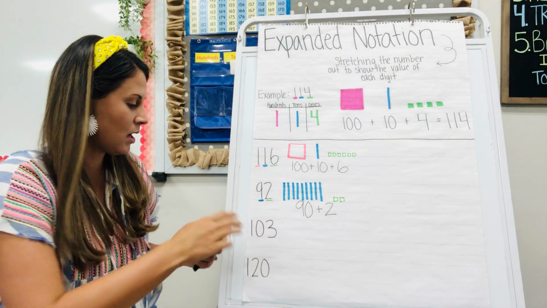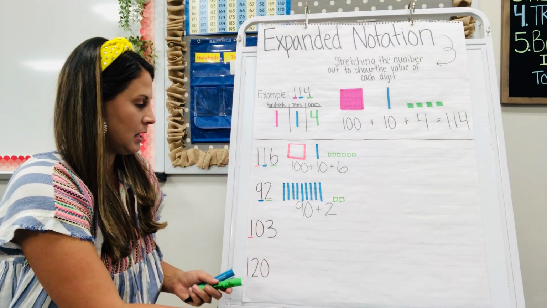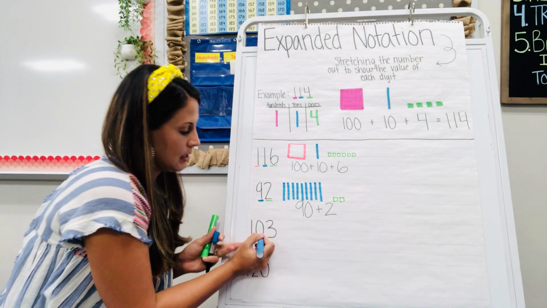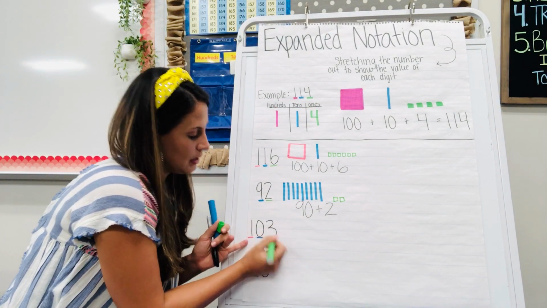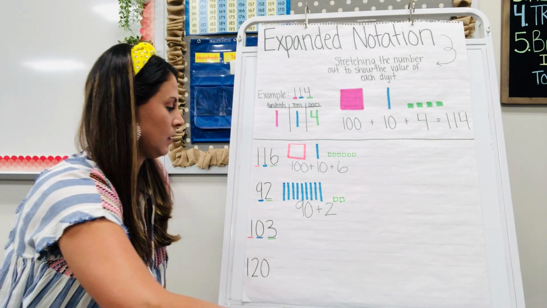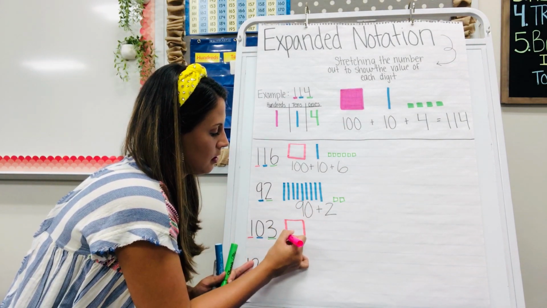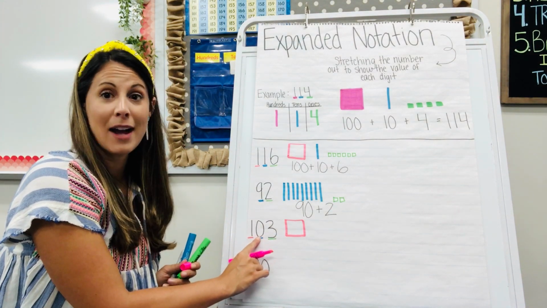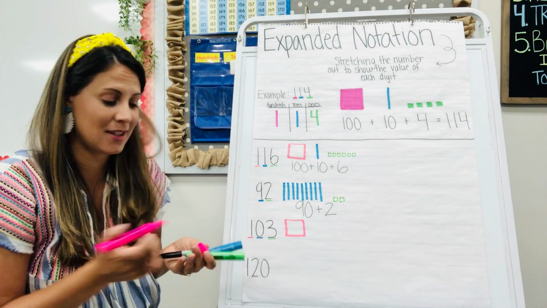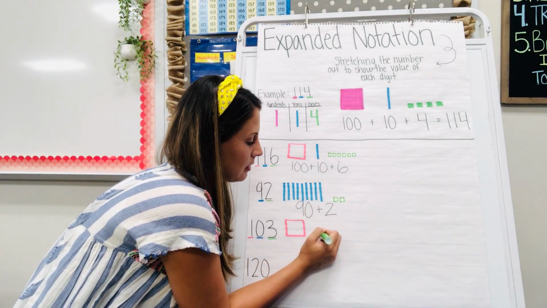All right, so we have 100, 0 tens, and 3 ones. Let's draw it out. 100, 0 tens. So I don't have to draw any rods. I just have to draw 3 units.